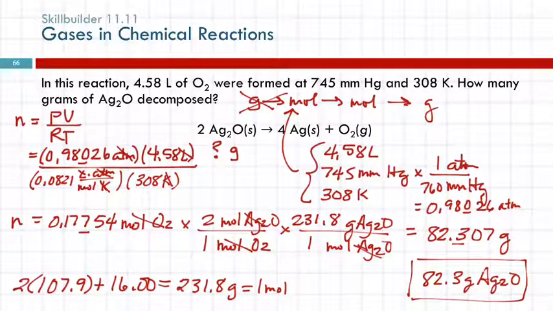Why would we do this? Wouldn't it just be easier to go from grams to moles to grams instead of doing all that calculation? Well, yeah, the problem would be easier. But tell me exactly how you're going to weigh that sample of gas. That's the hard part, the weighing of the gas.